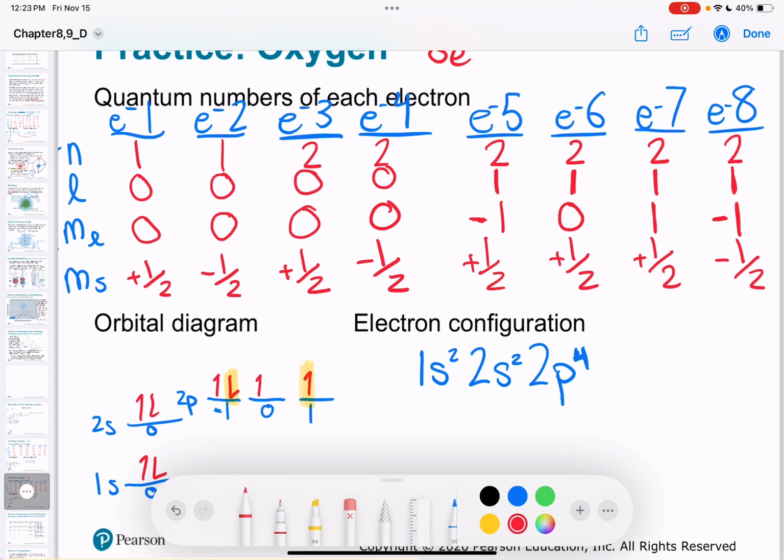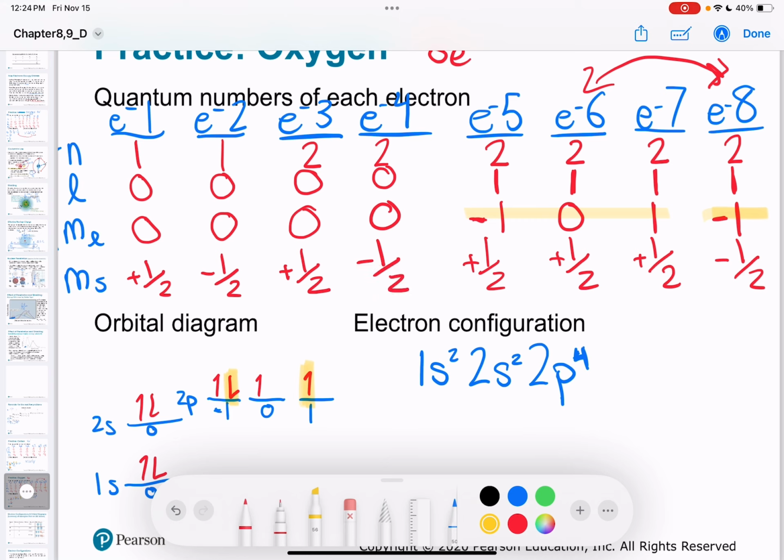To preempt someone's question, no, it doesn't matter if I flip these. Technically, it doesn't matter if I was writing the quantum numbers for oxygen. Now, in reality, it did fill into separate orbitals first and then paired up. So it's probably more accurate to write it like this.